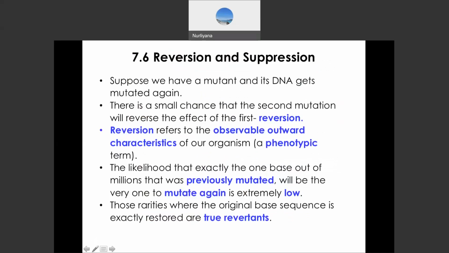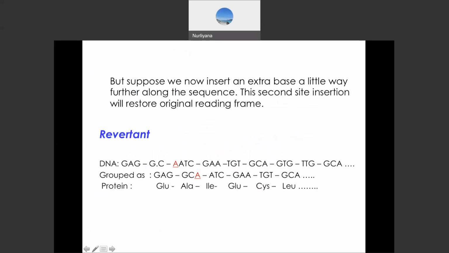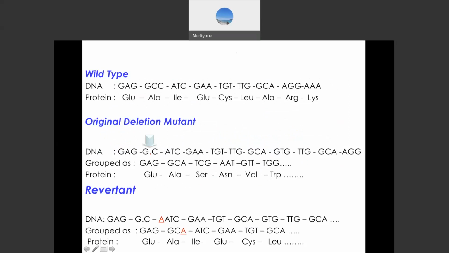Now we know that this is our wild type DNA sequence. If we are exposed to some agents, or some spontaneous mutations occur in our DNA sequence, for instance a deletion, then the protein produced by our body is totally different from the original protein that is supposed to be translated.